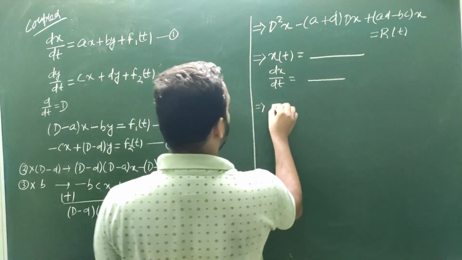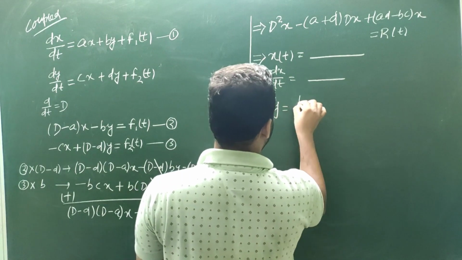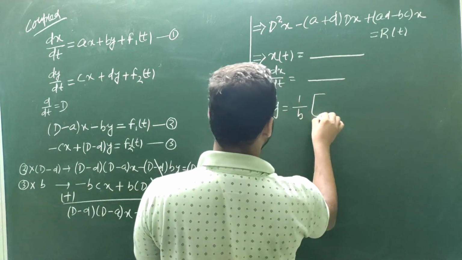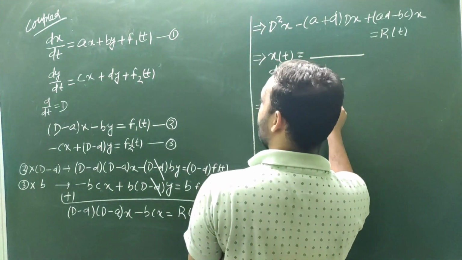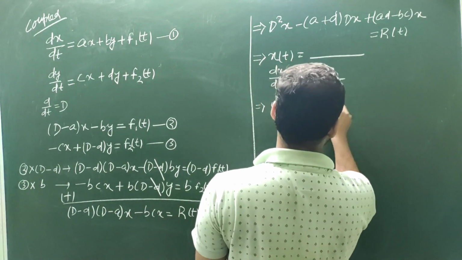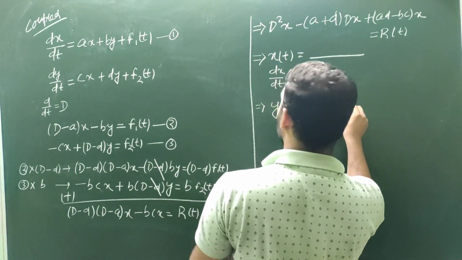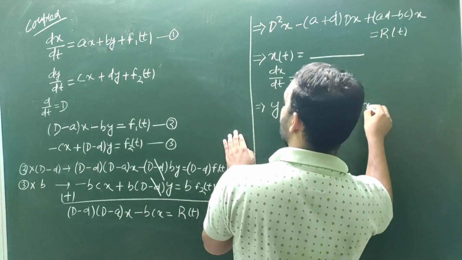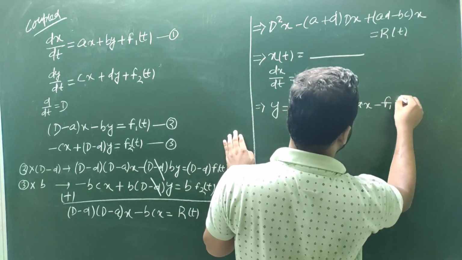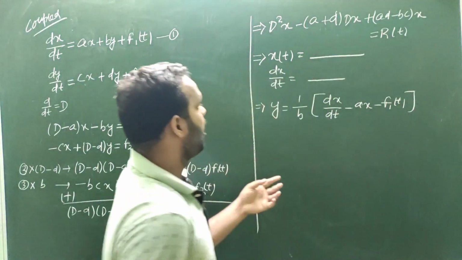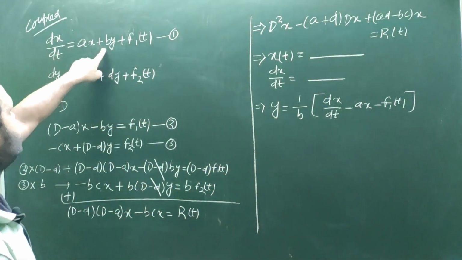So you can write down y is 1 by b into dx by dt minus ax minus f1 of t. This is the solution. How do we get here? You can just simply see here.